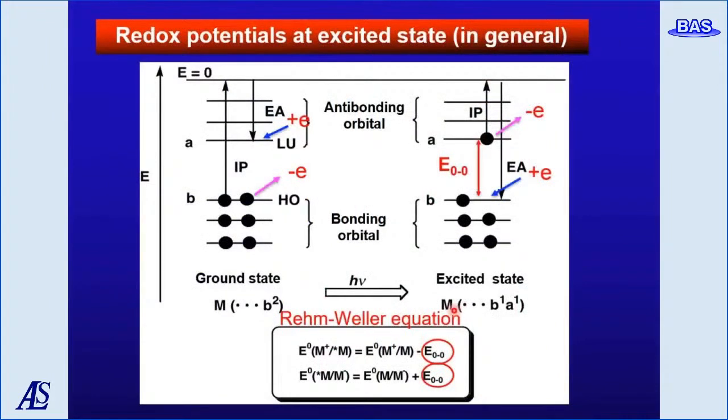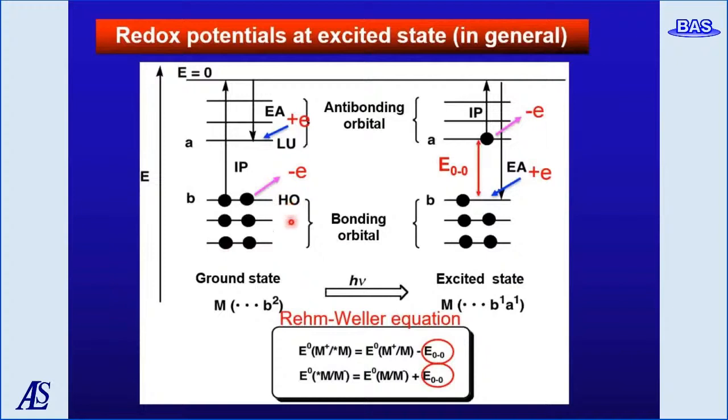This is the energy level cartoon for the ground state and excited state. The black circle indicates the electrons. The pink and blue arrows show the removal of electrons at the oxidation and reduction. In the ground state, the oxidation potential is defined as the energy for the removal of the HOMO electron.